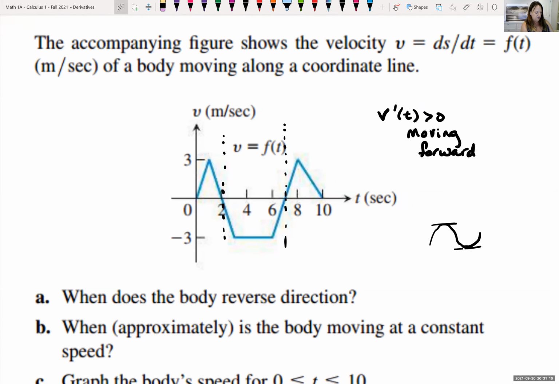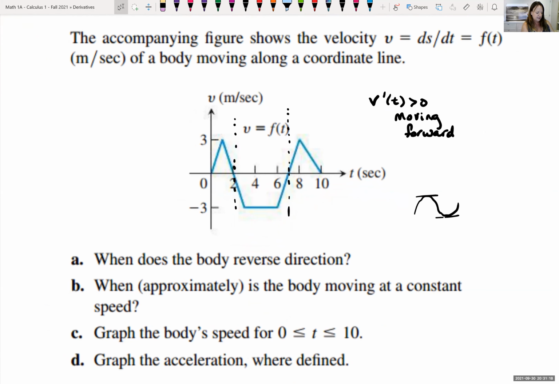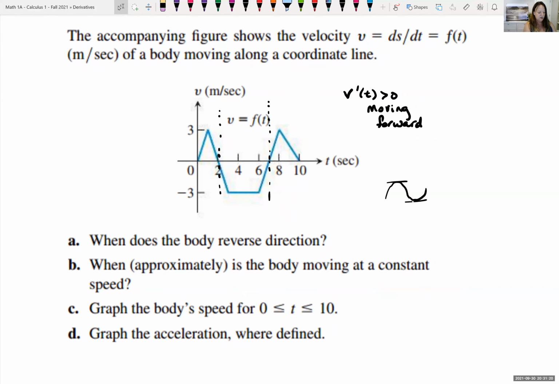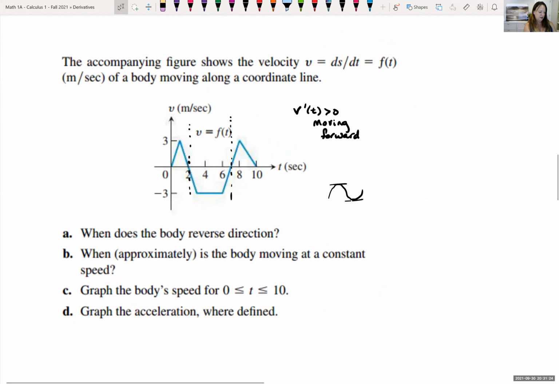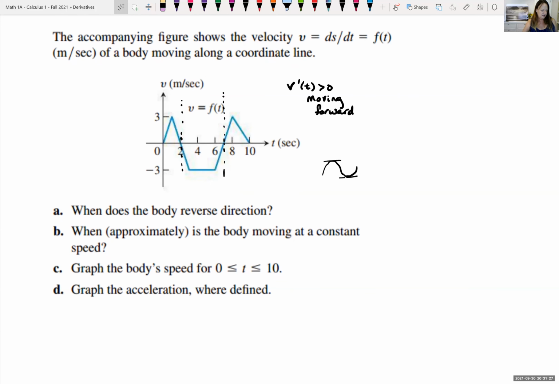In here, we can look at where it's changing direction. So when does a body reverse direction is our first question.